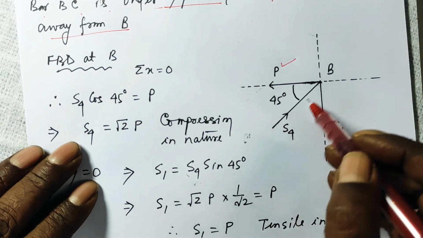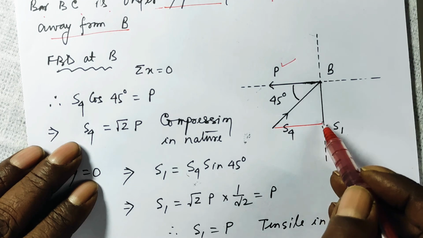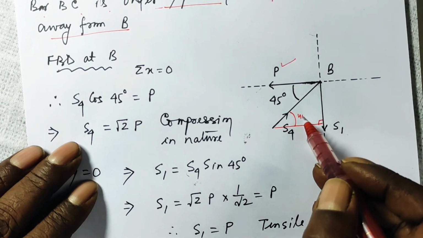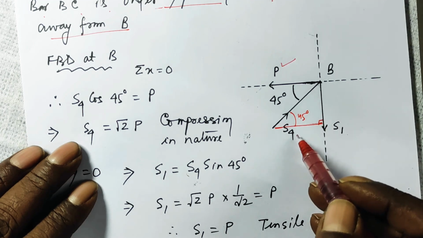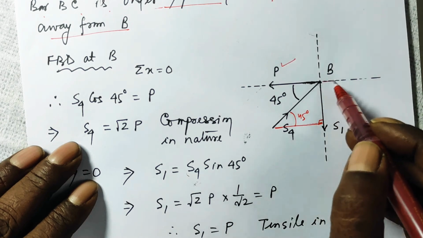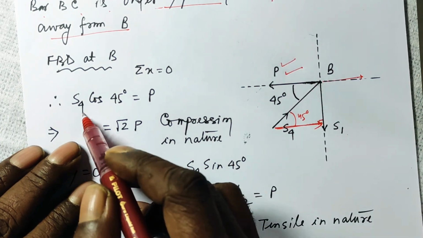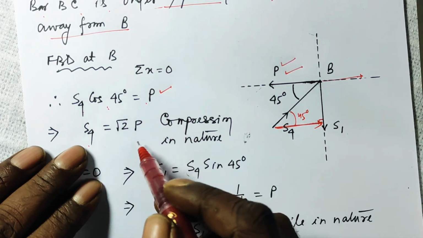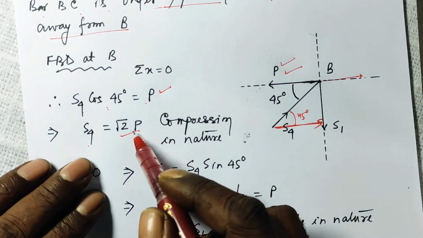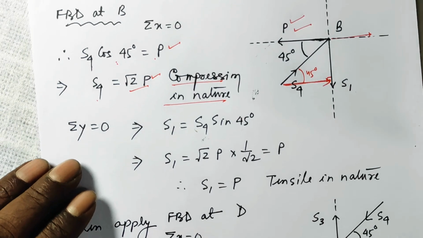If you take the component of S4, this is 45. If you drop a perpendicular here, this angle will also be 45. So the x component of S4 will be S4 cos 45 to this side, that is opposite to P. So S4 cos 45 is P, so S4 is equal to root 2 times P, so it is compression in nature.